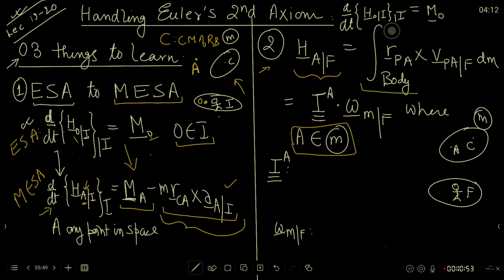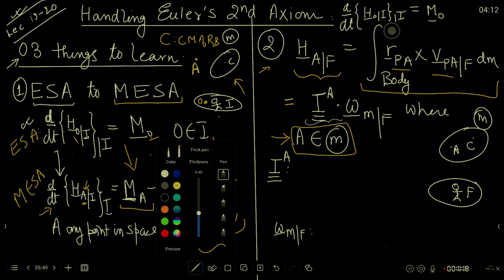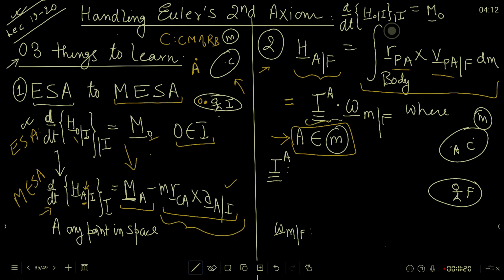This is the original definition of angular momentum about point A with respect to a frame F. You have RPA, you have BPA, dm, integration over the whole body. What we learned is that as long as A is fixed in M, you can write that HAF as a dot product between two quantities.